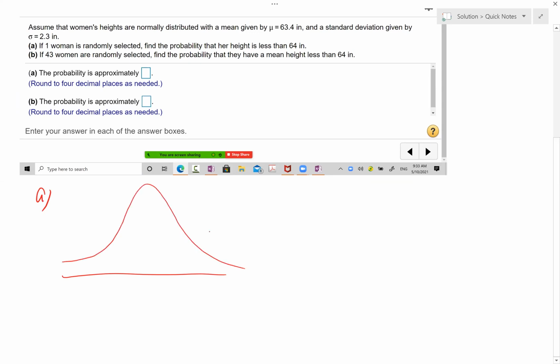So the mean is 63.4. Okay, it's right here. And the height corresponding is 64 inches, which is slightly bigger than that. So x equals 64. And they want the height less than 64 inches. That tells us they want the area to the left.